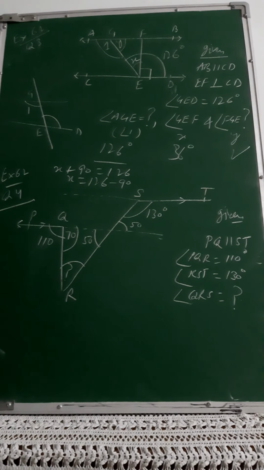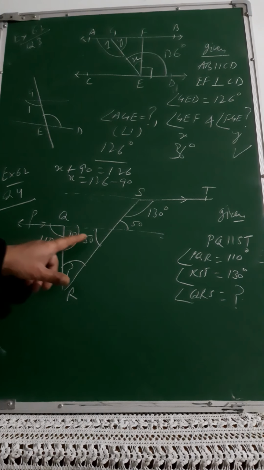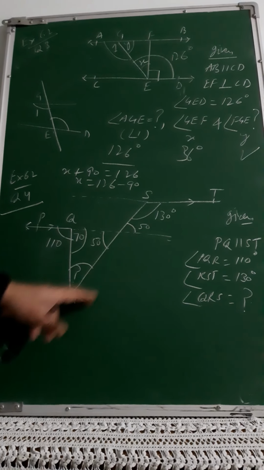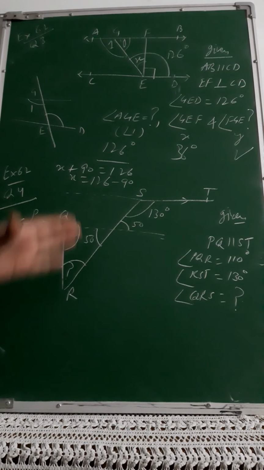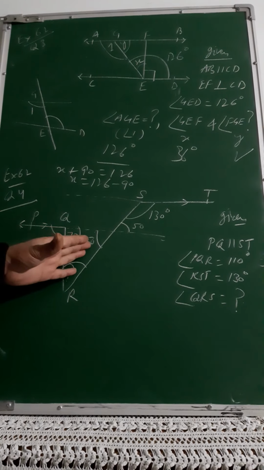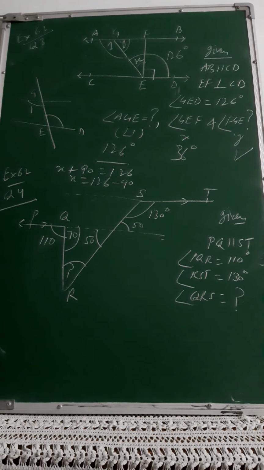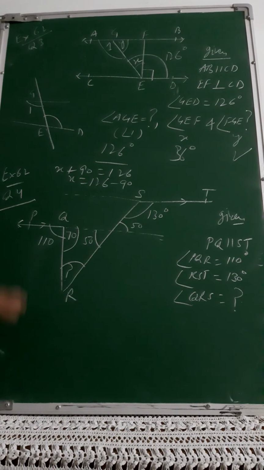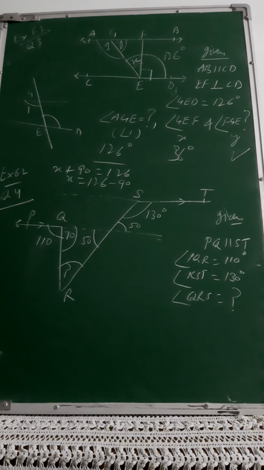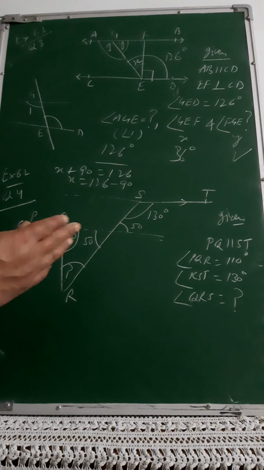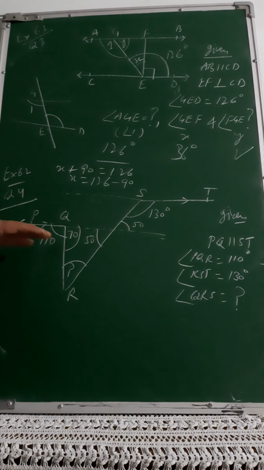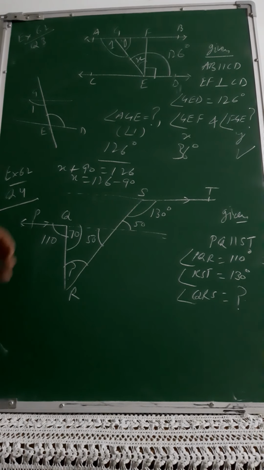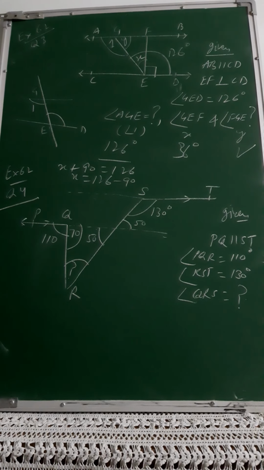You can mark this angle 50 degrees. This is 70, this is 50, and this is angle R. So in a triangle, the sum of the angles is equal to 180 degrees. 70 plus 50 is 120, and then the third angle will be equal to 60 degrees. So just try to apply your own understanding, whatever you have learned from the previous question and the properties, so that you can get the solution of such problems comfortably.